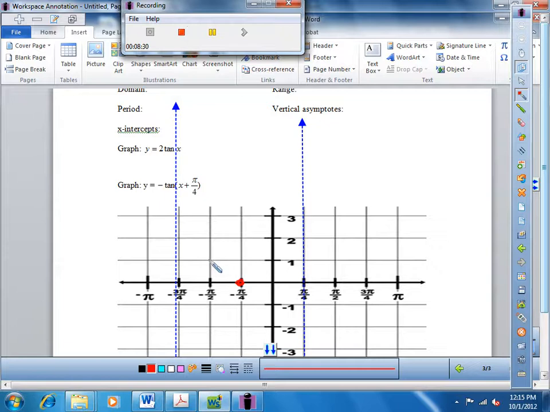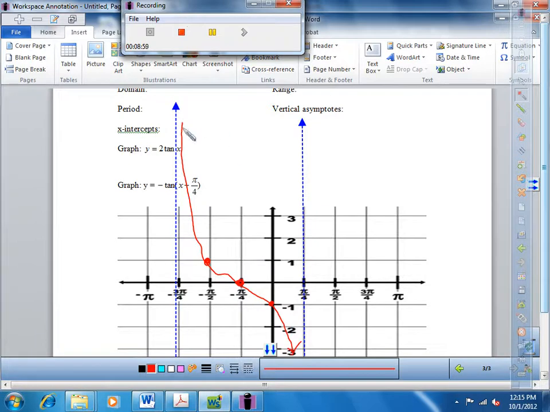And where I had negative 1, now I have a positive 1. And where I had a positive 1, now I have a negative 1. So this graph kind of looks something like that. You get it.